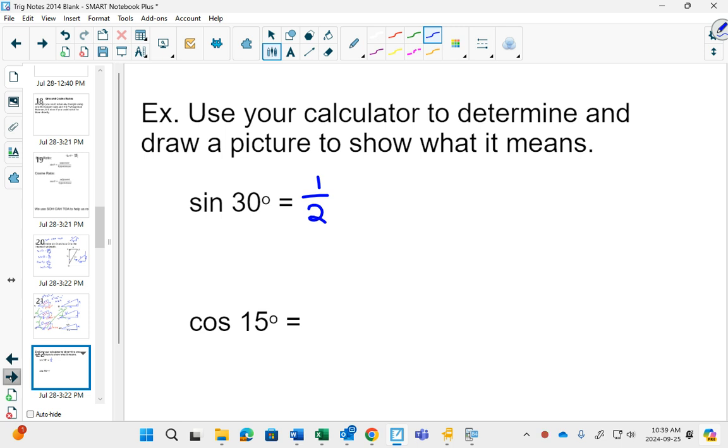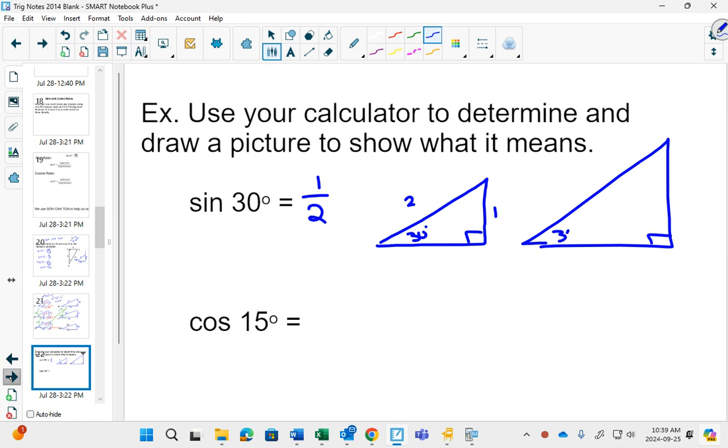So if I draw a right angle triangle with a 30-degree angle, this means that the opposite side divided by the hypotenuse has to equal 0.5. For example, you could use 1 and 2. Or, I'll draw another one, bigger, still has 30 degrees.